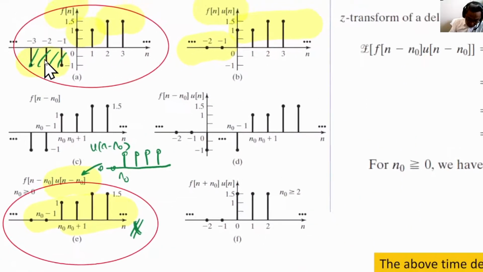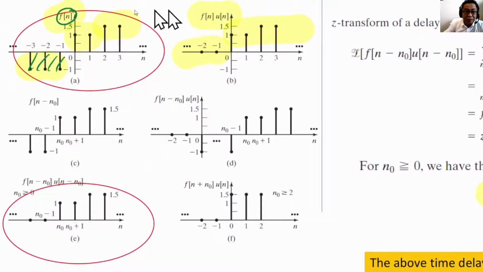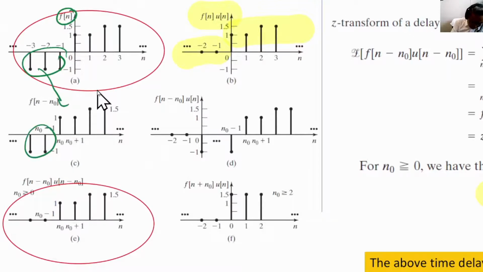So if you have some doubts, go through these examples here, where we have f[n] originally, and then we have f[n - n0]. Basically, what you realize is that the anti-causal part is now shifted to this point here, and the causal part remains causal, of course, because it starts with n0, but the anti-causal part has also been shifted into the causal part.